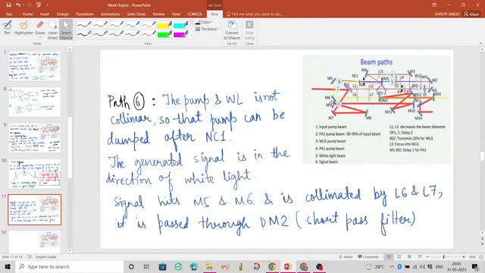Now we have one part of our pump beam still remaining in the setup, which is this part, the PA2, the post pre-amplifier pump beam. What we remember is that after BS1, 80% of the light came through this, so that's why it is shown in thick red lines.